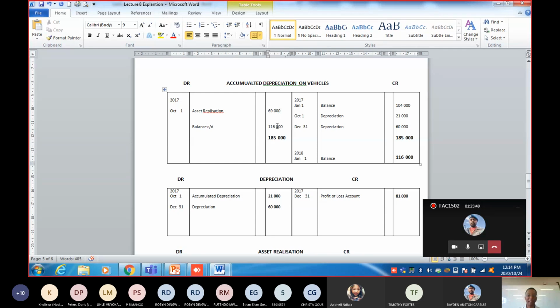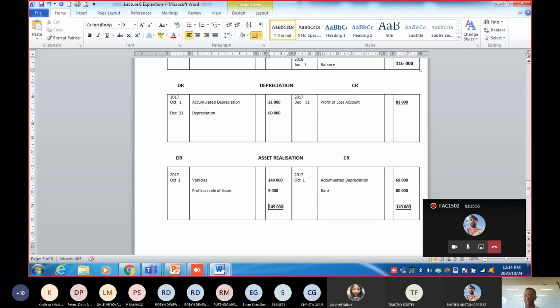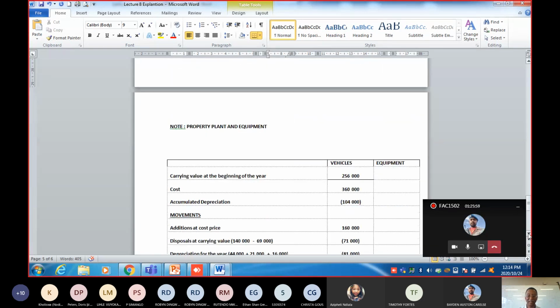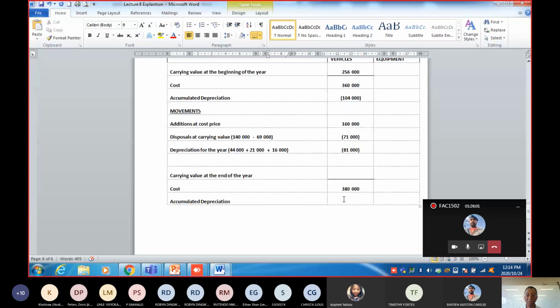And the remaining balance, the value of accumulated depreciation at the end of the year, is 116,000. So in the note for property, plant and equipment, you will show 116,000 rand as the balance of accumulated depreciation.